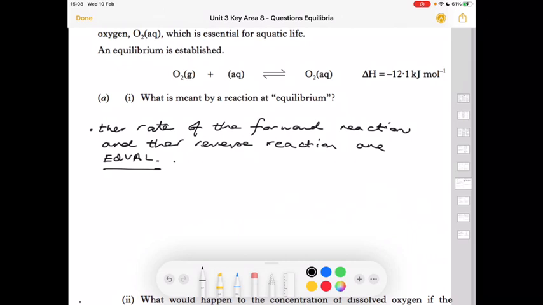That's probably 1 mark. And then this one, we'd be wanting to say the concentrations of the products and reactants are not equal, constant.